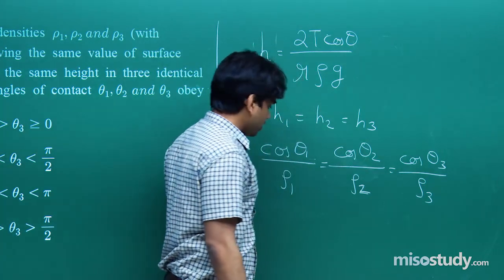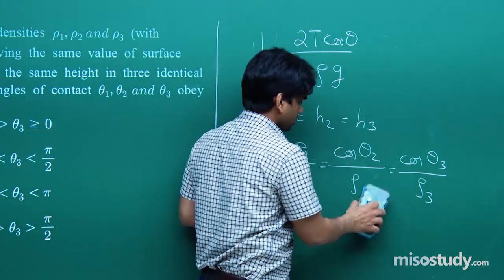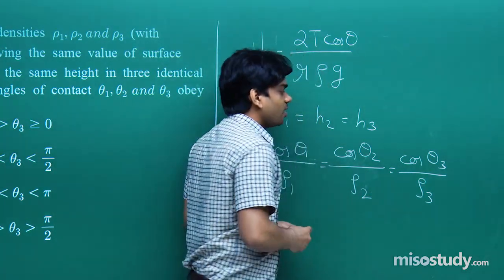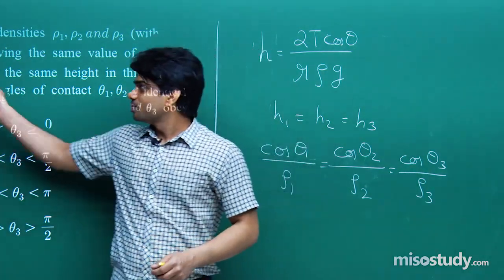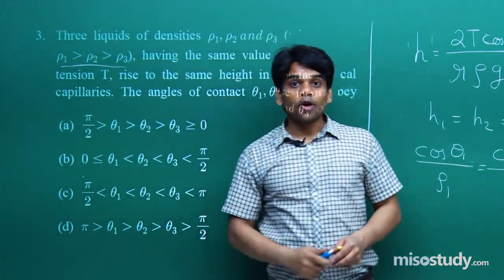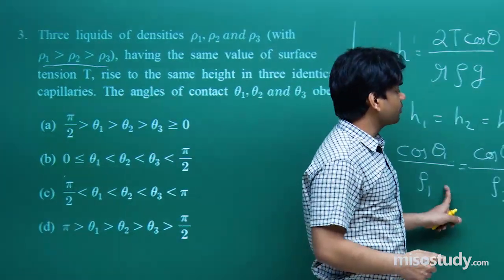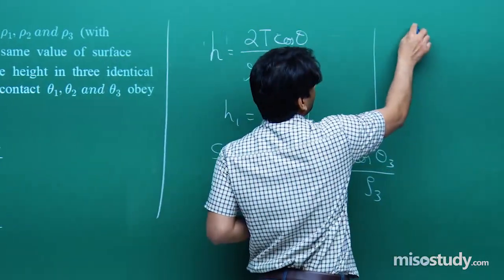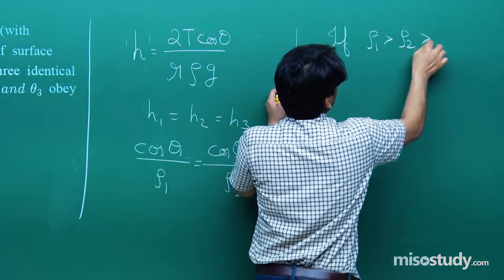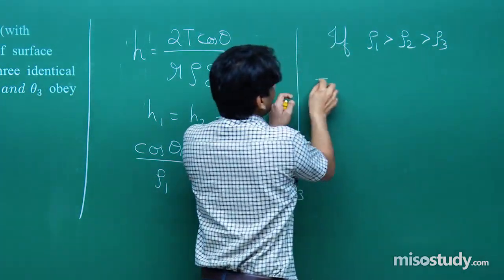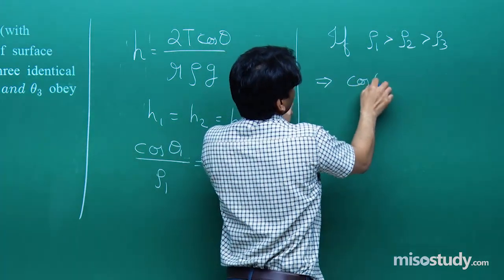This is the equation which we can write. Now it's given that rho 1 is greater than rho 2 is greater than rho 3. So from this equation we can make out cos theta 1.